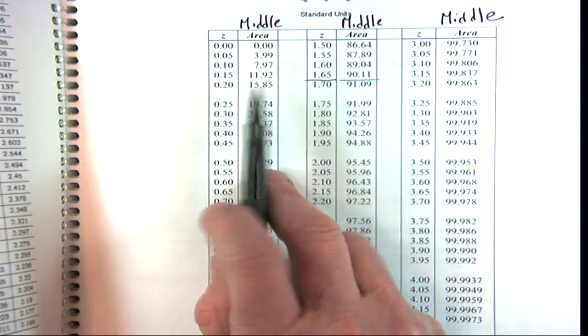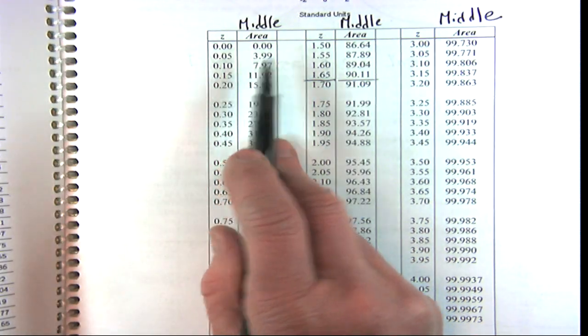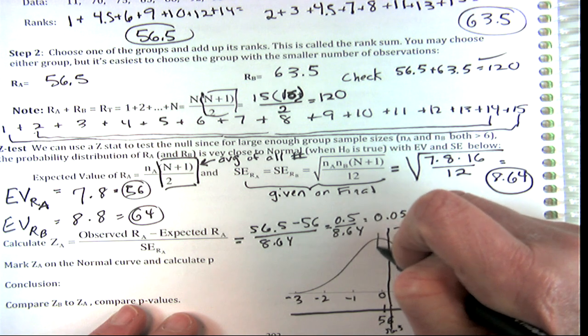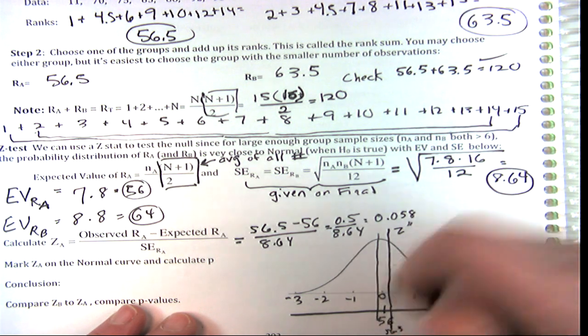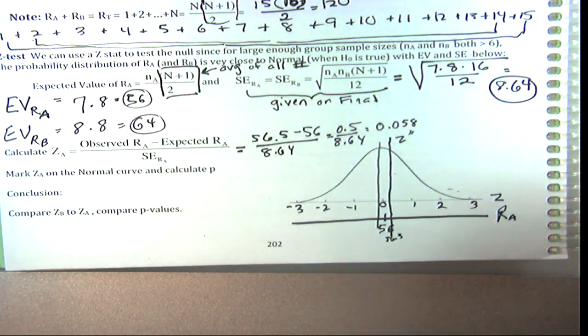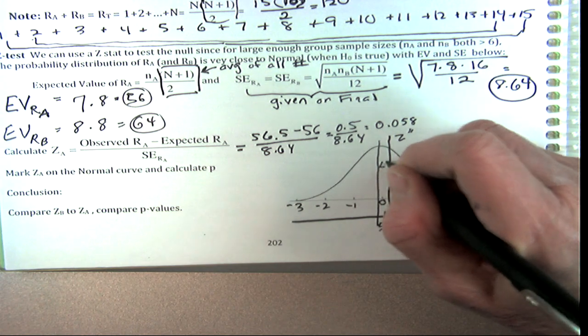And what is it? Well, it's approximated as about 4%. So in that tiny little strip, between z and negative z, between 0.058 and its negative, is 4%.